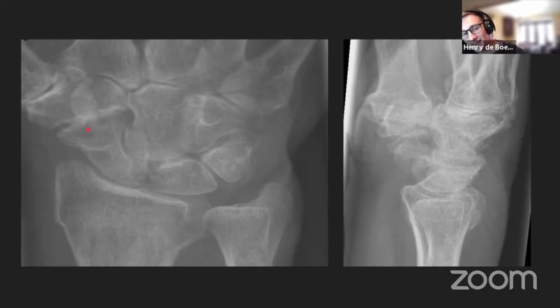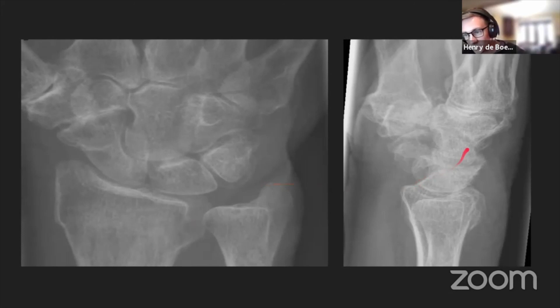And I think the obviously old looking bones give us a clue to the injury. So on the AP, not particularly remarkable. Again, we've said some narrowing here, but otherwise the alignment looks okay.